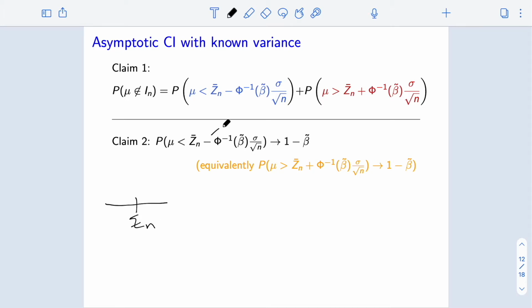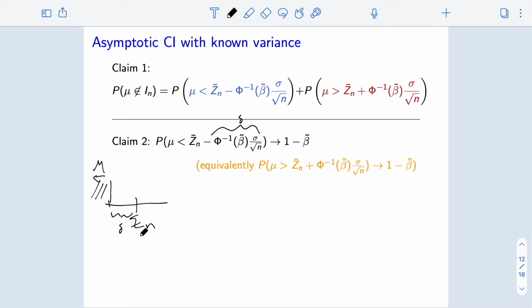Let's call this value delta, the half width of our confidence interval. The event we are interested in is that mu falls to the left of z bar n by at least an amount delta. So it's really that mu is in this region. Now recall, mu is actually a fixed value. Mu is not random, z bar n is random.